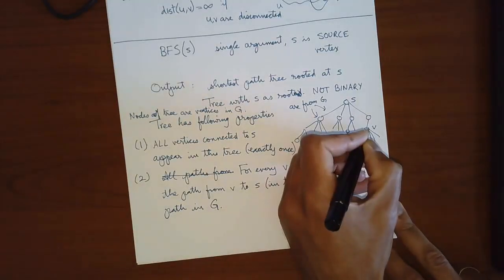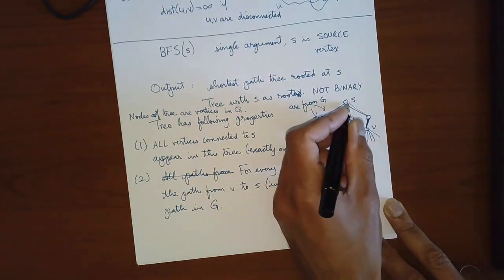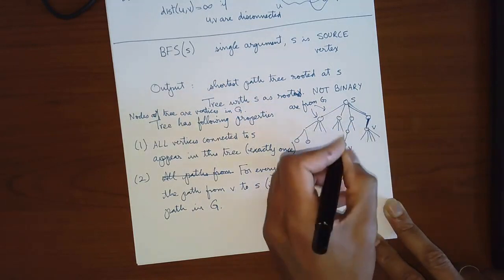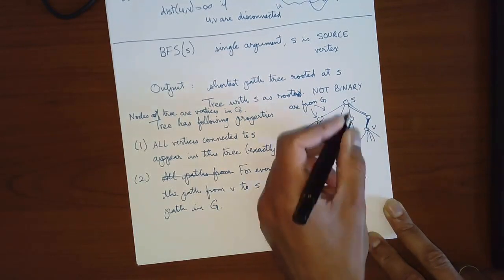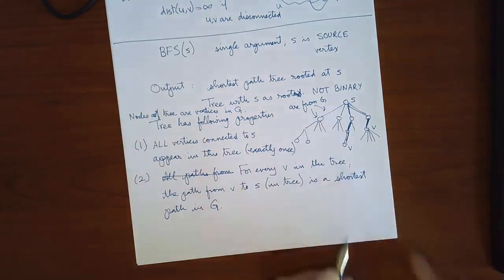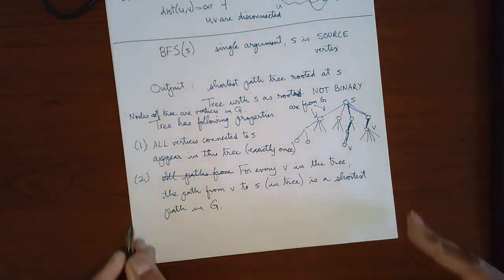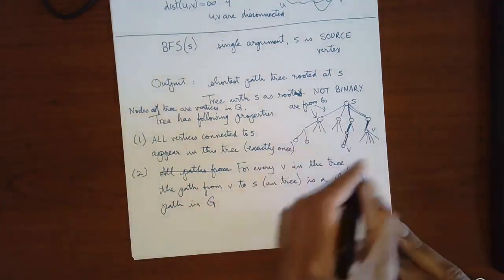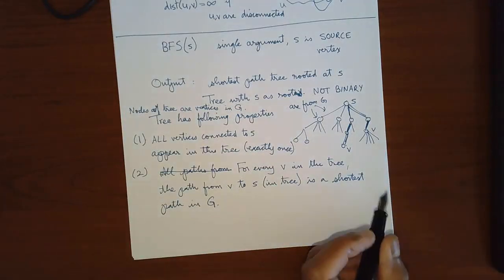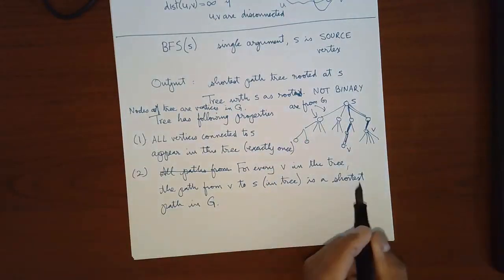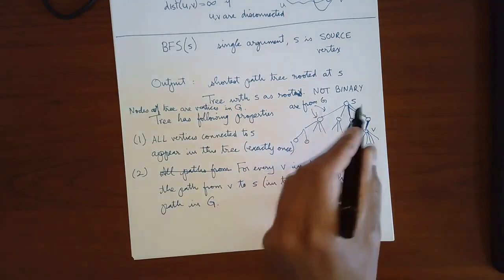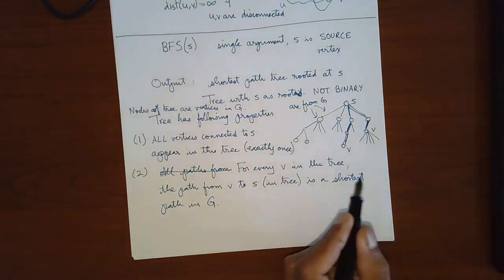What this means is if I look at V and follow up the tree, I get this path, and these are actually shortest paths of the original graph. This tree is a subgraph, which just means it's got a bunch of edges and vertices from the original graph.